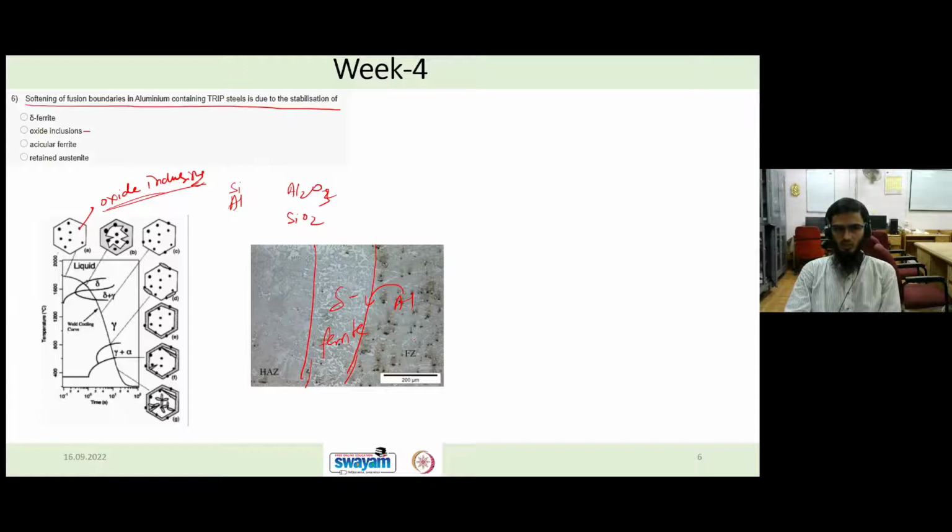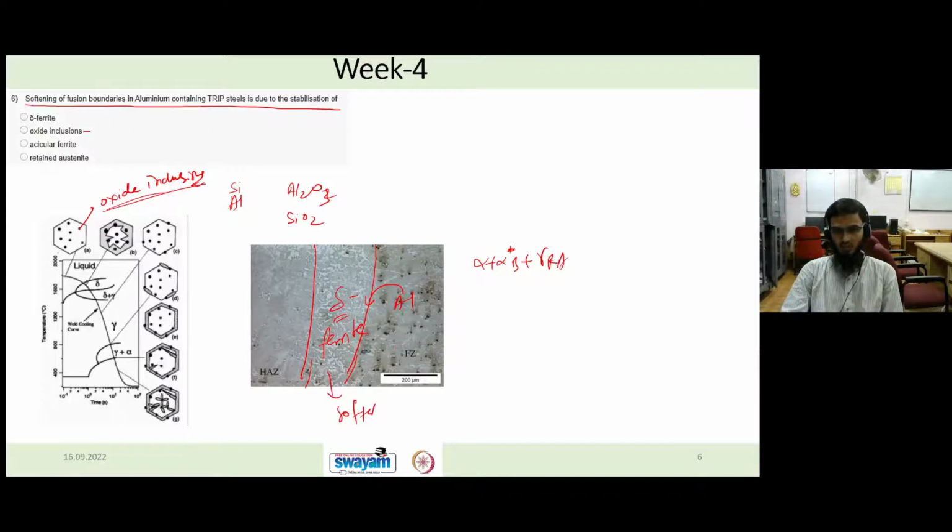In the fusion zone, the microstructure is ferrite plus bainite plus retained austenite, right? And here it is delta ferrite. Delta ferrite is basically a soft phase.